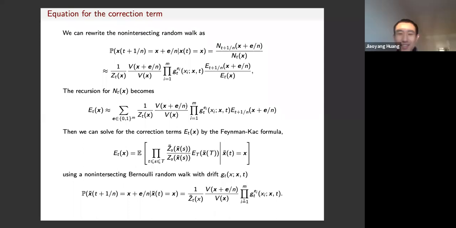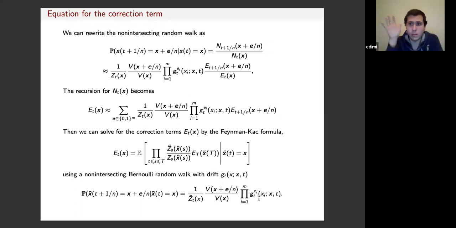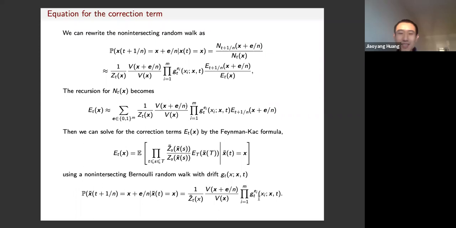Yeah, I think you can think it just has some drift term g_t. Like for the standard non-intersecting Bernoulli random walk with drift beta, this would be something like beta to the e_i times 1 minus beta to the. But my point is, it's not that. It's more complicated somehow. Yeah, it's more general because those drifts depend on time and location.